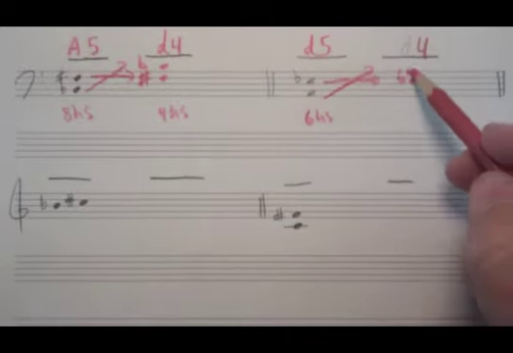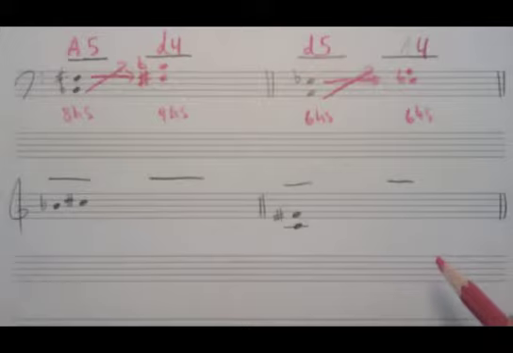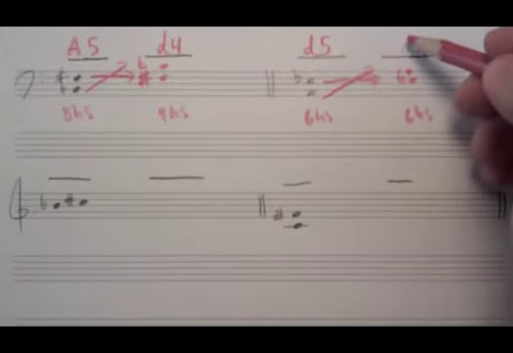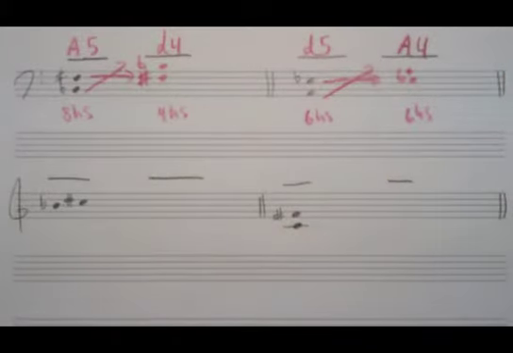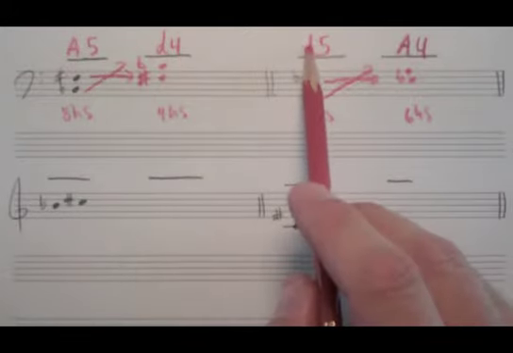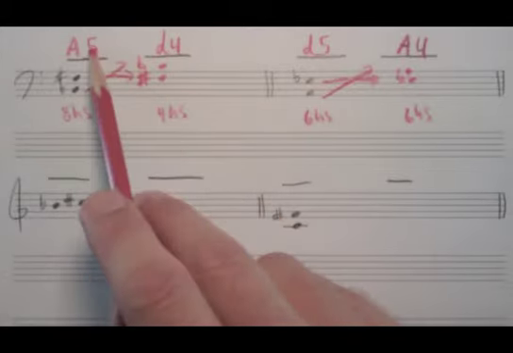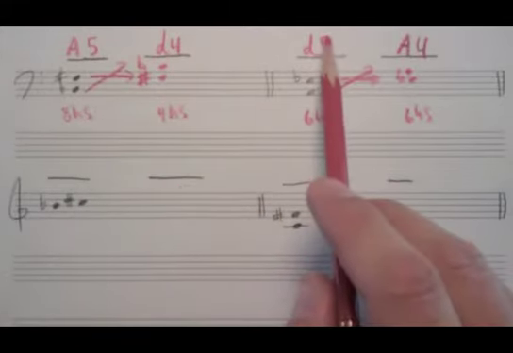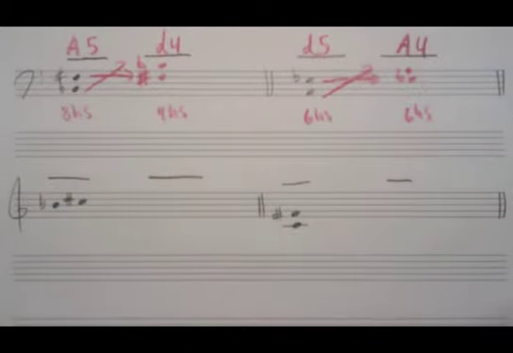Then E flat going to A, if we count the half steps, 1, 2, 3, 4, 5, 6. 6 half steps, which does indeed mean that this is an augmented fourth. So augmented intervals invert to diminished, and diminished inverts back to augmented, just like before. Fifth inverts to fourth, and fourth also goes back to fifth.